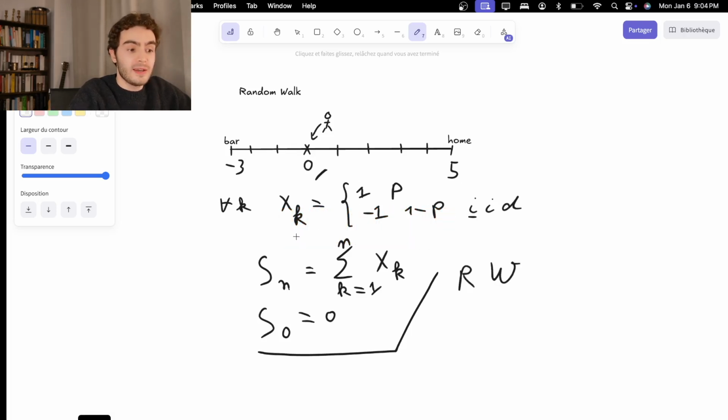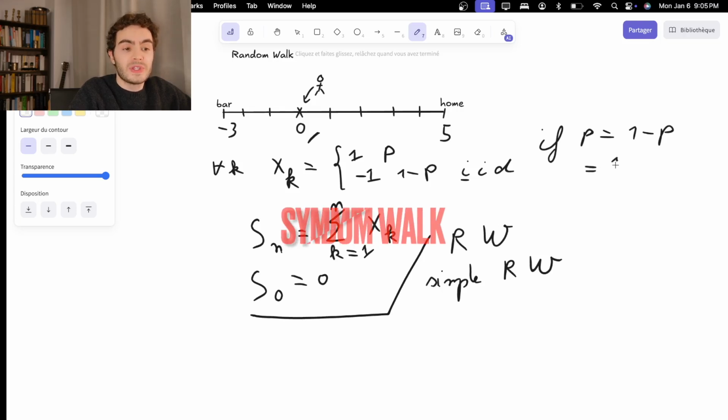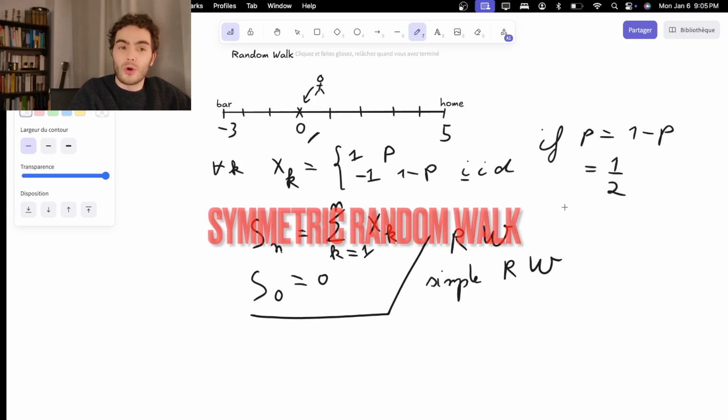More precisely, since xk can either be 1 or -1, Sn in this case is a simple random walk. If p is equal to 1 minus p, in that case we have a symmetric random walk.